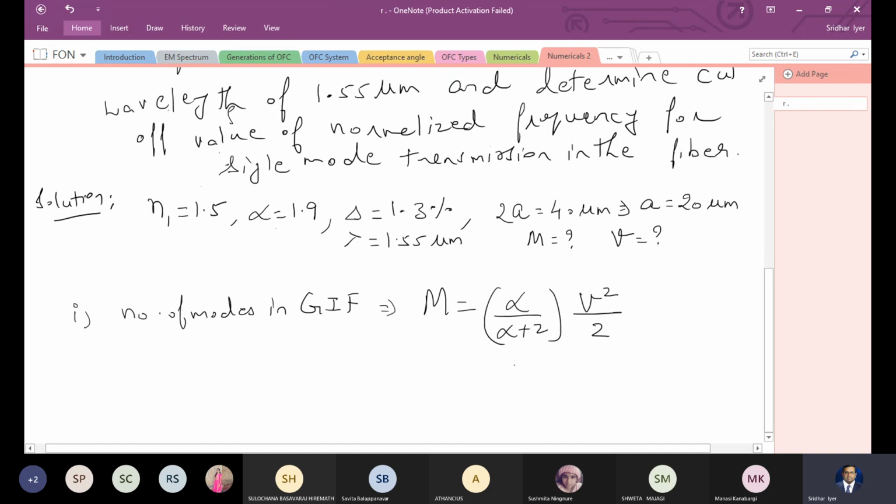This equation I had already given to you. We are given the value of alpha as 1.9, but we do not know the value of V. So first let's calculate the value of V.